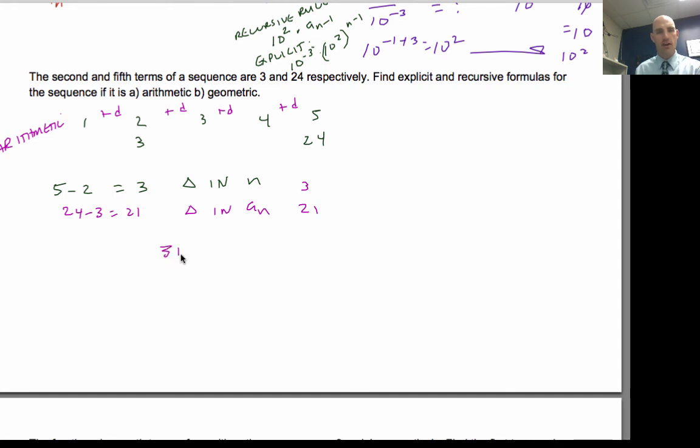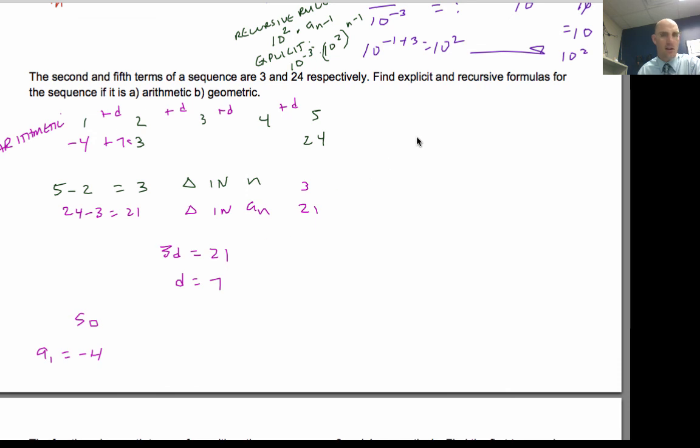So 3d is equal to 21, because there's 21 total change and my common difference, number of times I've used it, is 3. So my difference is 7. So to get from my second term to my first term, I've got to do what plus 7 is equal to 3? Well, that would be -4. So a sub 1 is equal to -4.